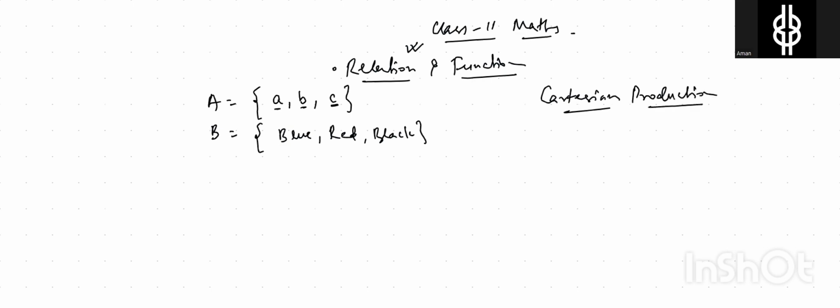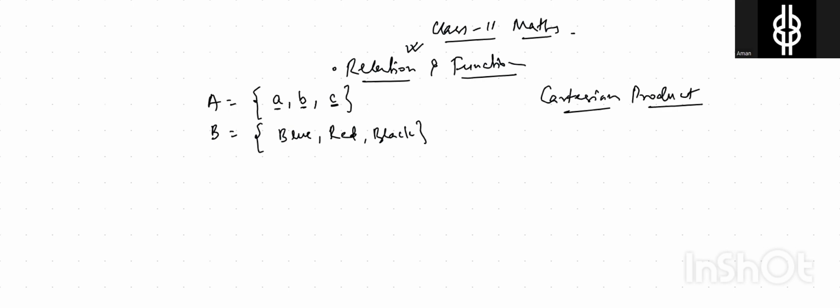I'm writing Cartesian product. Just give me a second. So, Cartesian product is something that will keep coming again and again in this chapter, so it's very important that we understand this concept to start with. What do we mean by Cartesian product?